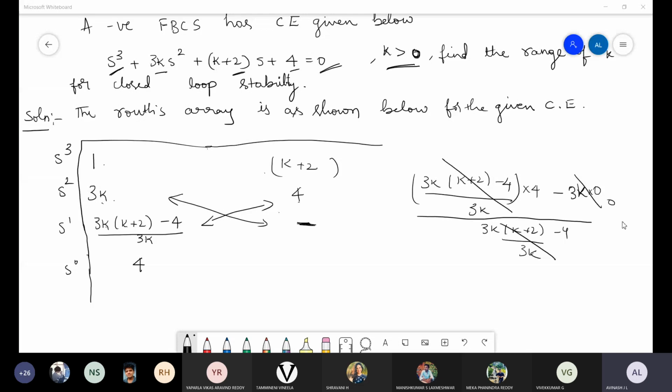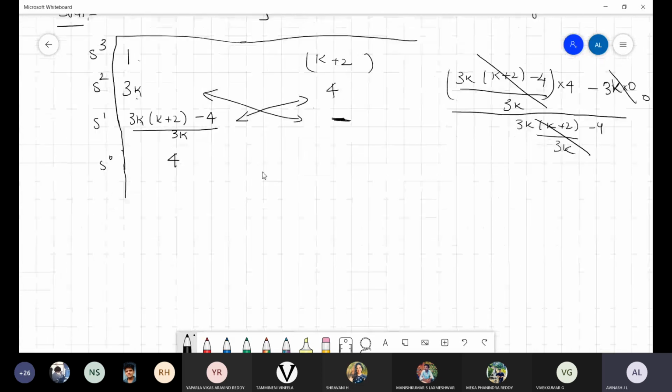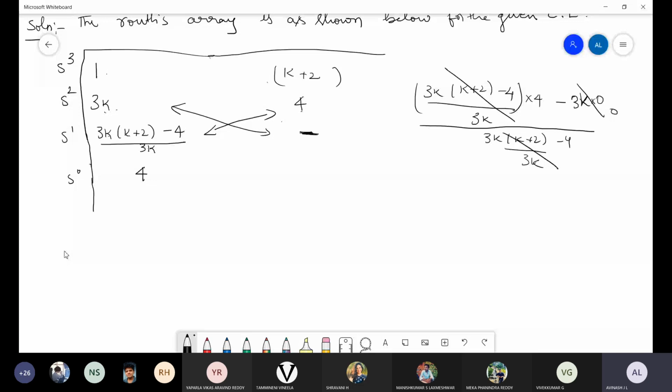Now the next step is very simple. In order to get stability, we need to see that all the first column elements should be positive. 1 is positive, fine. 3k should be positive.